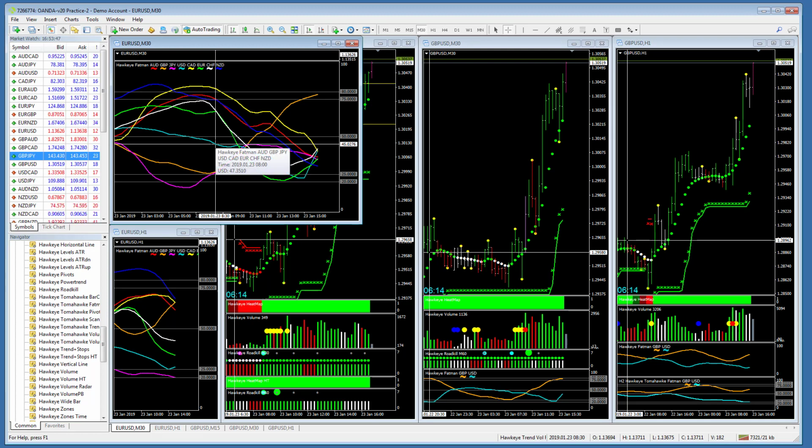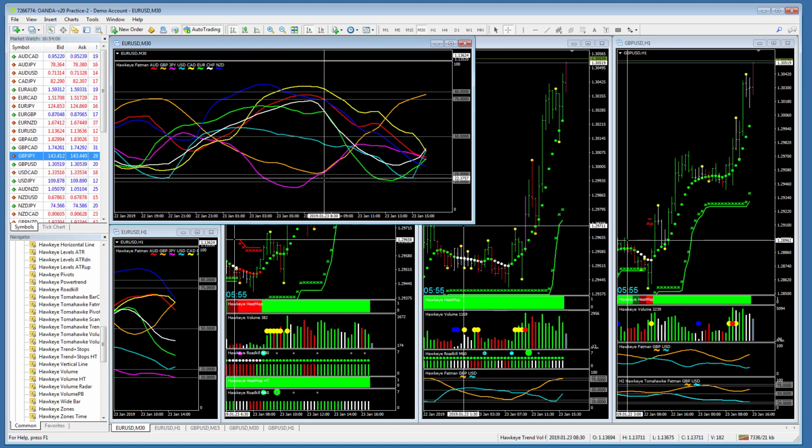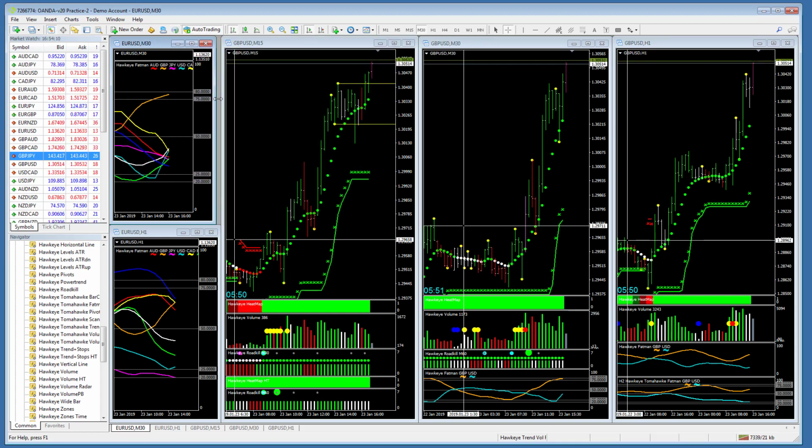So perfect setup. You're looking for that potential weak trend to return and build right back up again into a period of strength, because it does. It cycles from strength to weakness to strength to weakness. You want to try to get it at the point where it's cycling from weakness and is getting ready to go to strength.